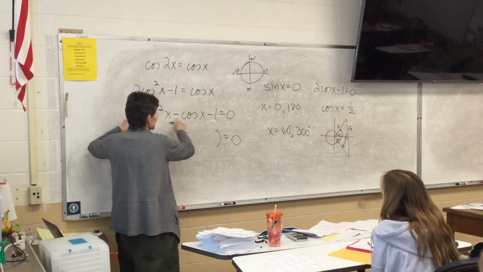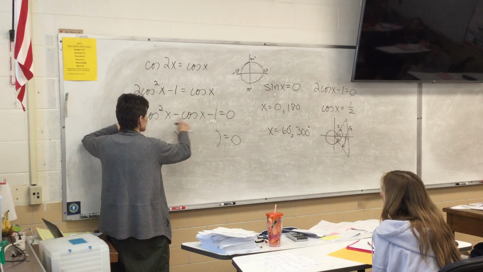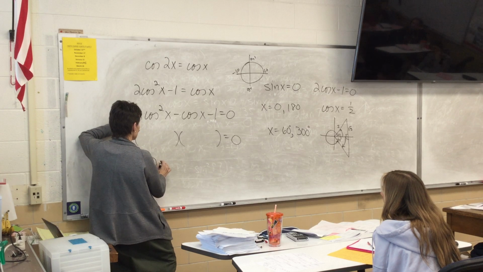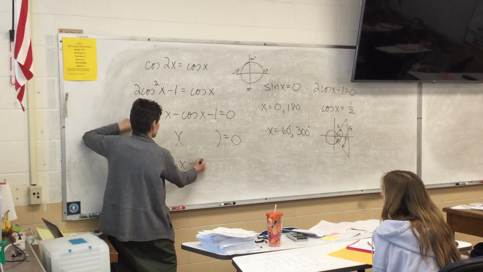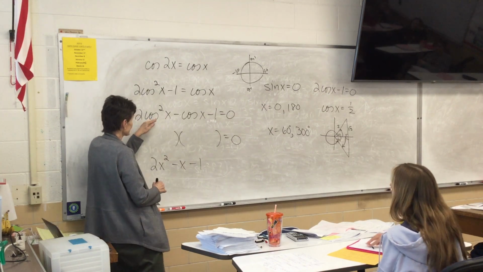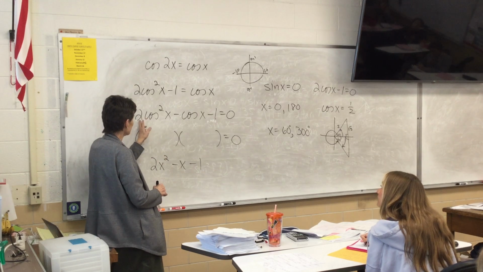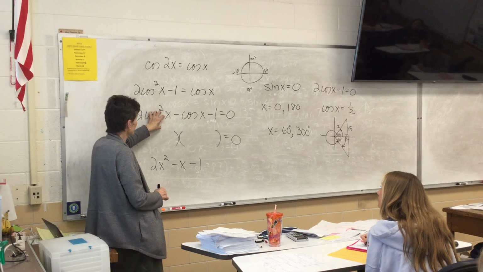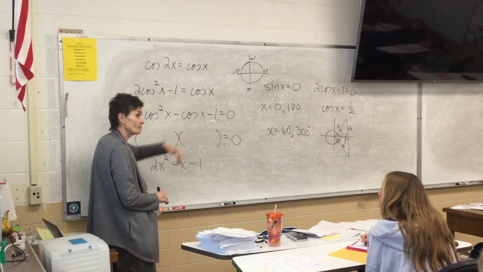This is the same, think about it now, look at it. This is the same as 2x squared minus x minus 1. Instead of having cosine x, if you just had a plain x, this would be 2x squared minus x minus 1.